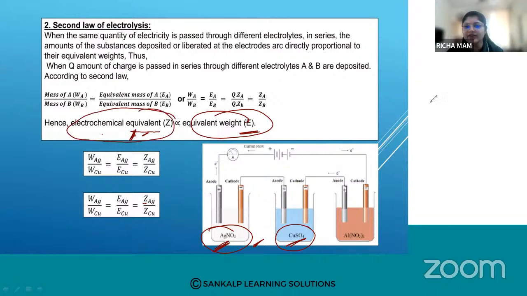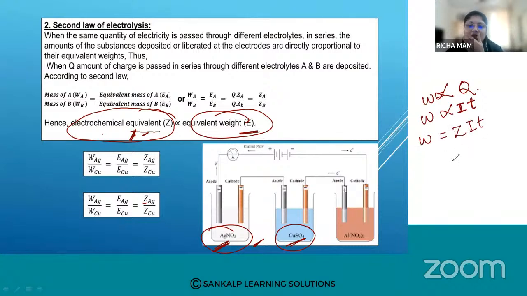We got this from the first law: the amount of substance deposited is directly proportional to Q. Q is I into T, where I is current in ampere and T is time in seconds. Removing the proportionality sign, W is Z into IT.